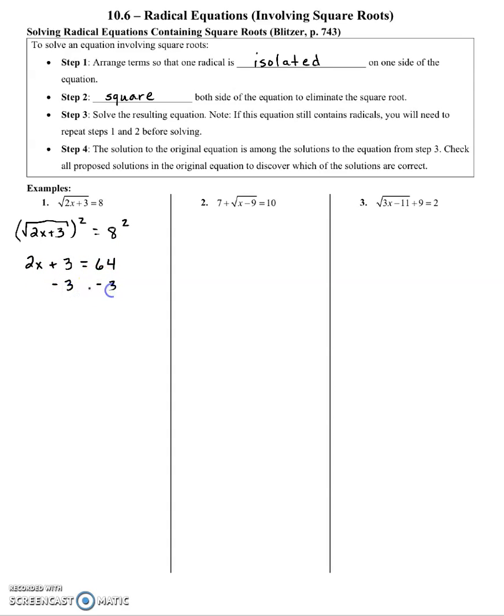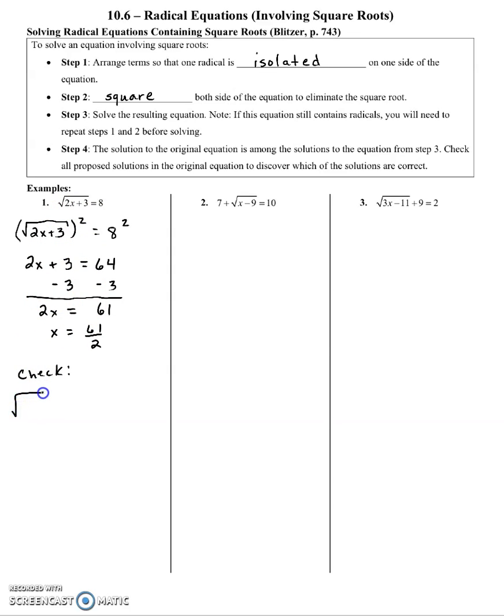So subtract 3 from both sides. We get 2x equals 61, or x equals 61 over 2. Now we have to check. So we're going to plug 61 over 2 back into the original equation for x and see if it does indeed give us 8.